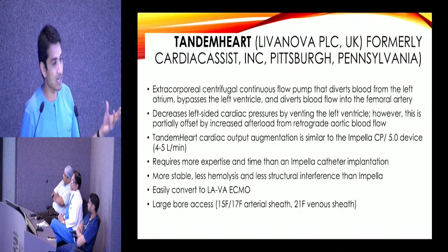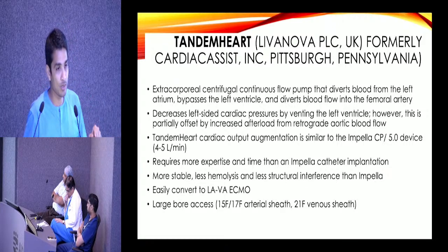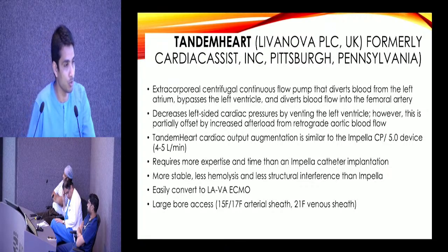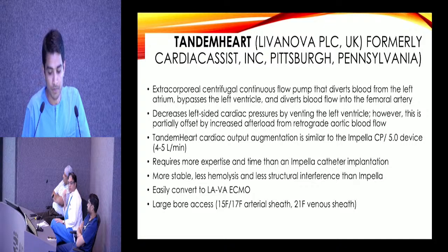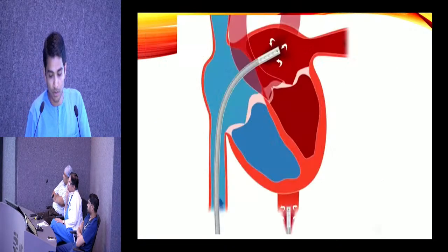Again, this is an extracorporeal pump. Like the ECMO, the pump is outside the body. It's a continuous flow, centrifugal pump, so it looks very much like the ECMO. The difference is there's no oxygenator. If you add an oxygenator, it becomes a LAVA ECMO, which is a left atrial to systemic artery ECMO. So it's a pump that's diverting blood from the left atrium to the aorta, and I'll show you this picture.